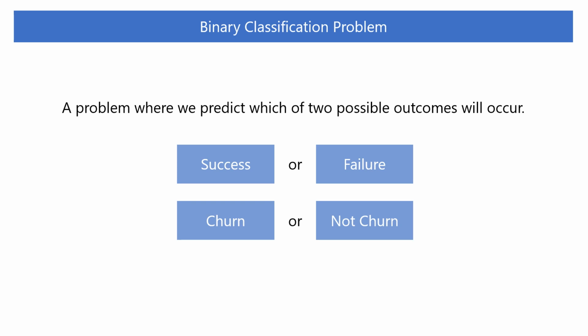We can call these problems binary classification problems, where we predict which of two possible outcomes will occur. In a binary classification problem, each possible outcome is often called a class. So, a binary classification problem has two classes, success and failure. Here, churn or not churn.